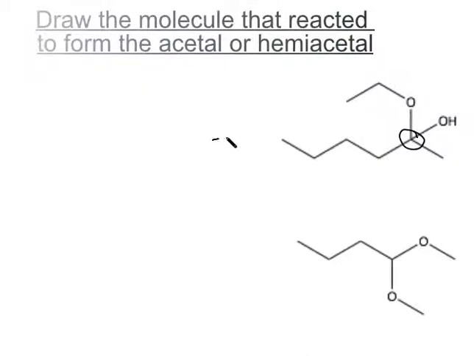So what we're going to do is a reaction, and we have two starting products. What we're going to have is a carbonyl, and we're going to have an alcohol.